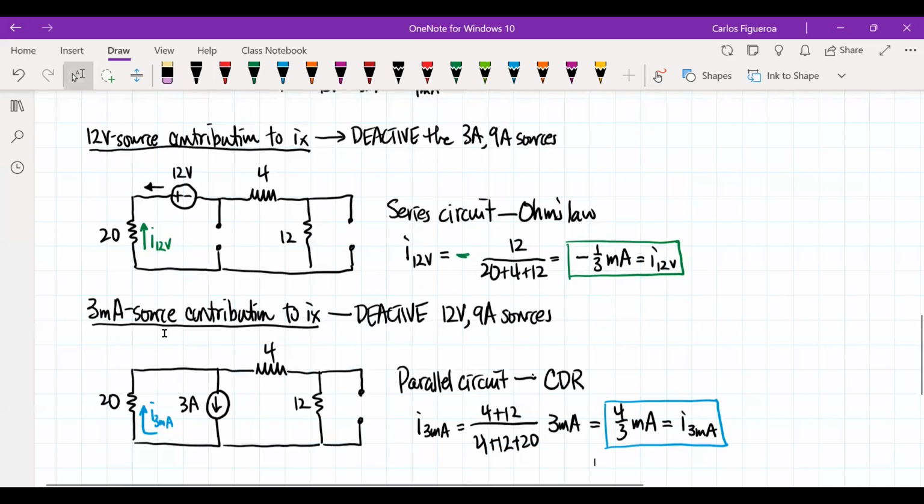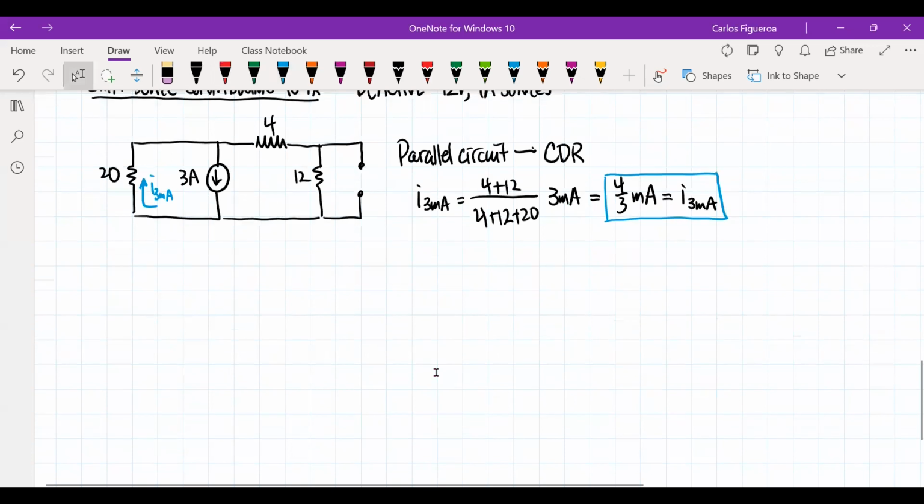Now the last one that I have to talk about is the 9 milliamp source contribution to Ix.